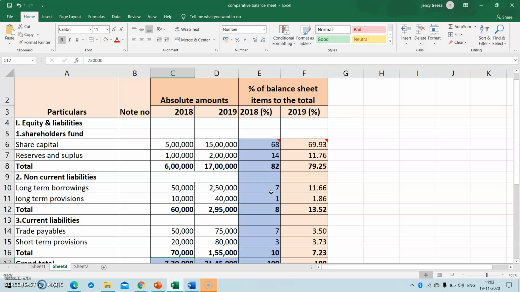So that is how you comment on the performance of companies based on common size statements. This is the greatest utility of common size statements. Unlike comparative statements, this is a bit different. That is, you can find out any number of years' common size statements using the given information.